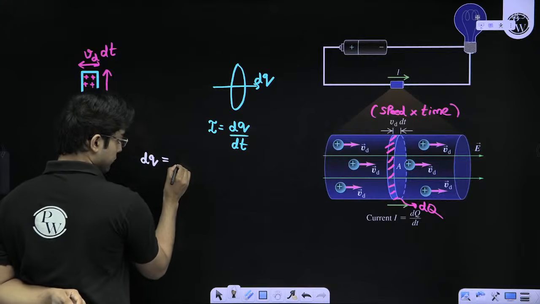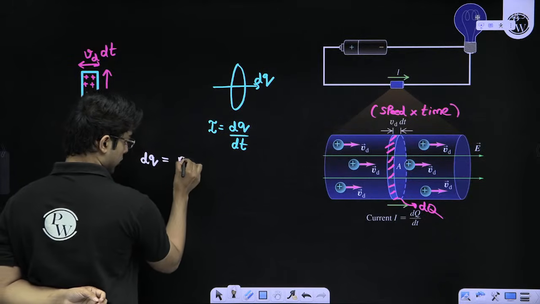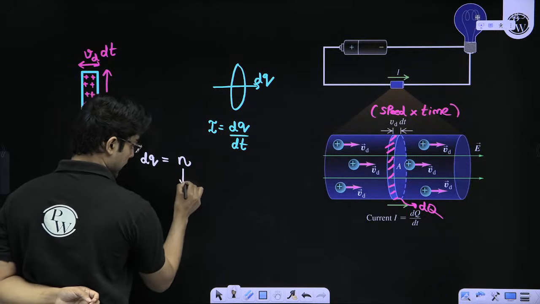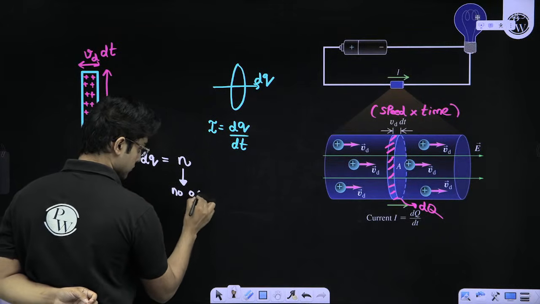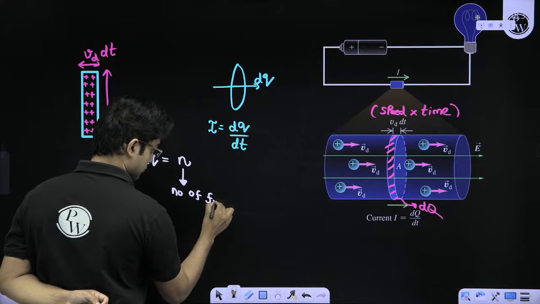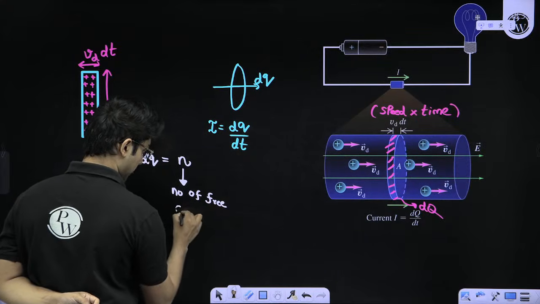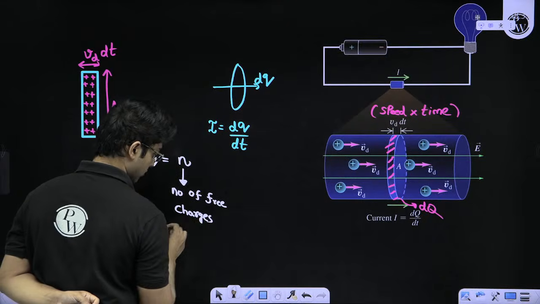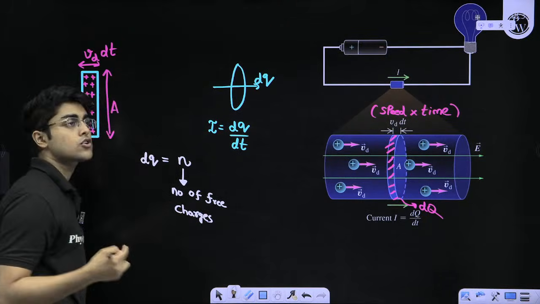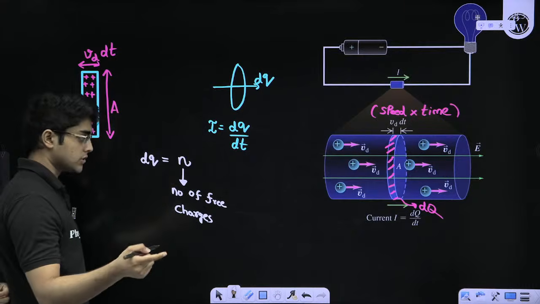So I define a certain quantity, which I use the symbol n, and n is the number of free charges. Free charges means the ones who can move, right? Current is contributed only by those charges who can move.